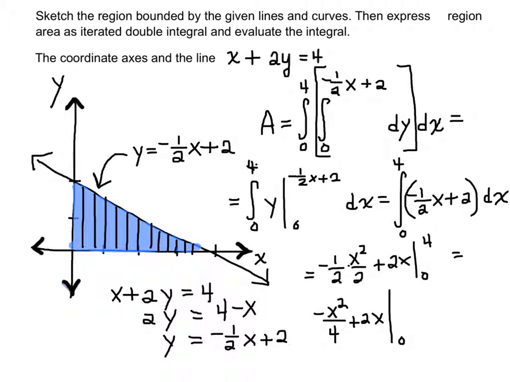If 0 goes in, it just zeroes out, so we merely plug the 4 in. When we plug the 4 in, we get negative 4 plus 2 times 4, which is 8, and so our answer is 4 units squared.